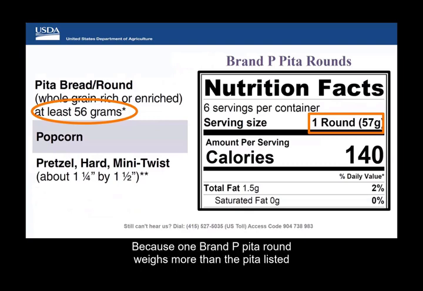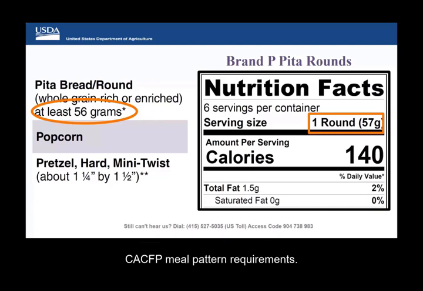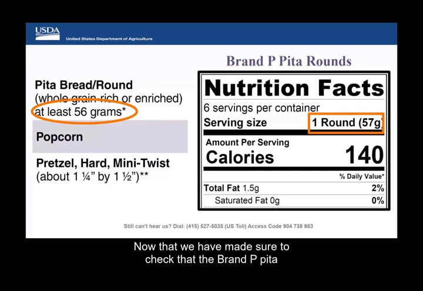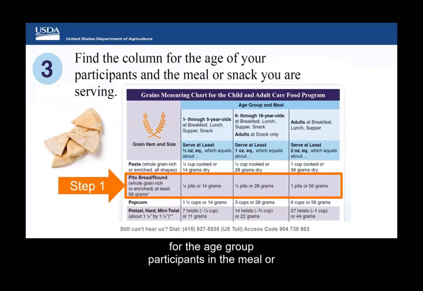Because 1 brand P pita round weighs more than the pita listed in the grains measuring chart, we know we can use the chart to tell us how many brand P pita rounds to serve to meet CACFP meal pattern requirements. So, now that we've checked that the brand P pita rounds weigh the same or more than the pita bread listed in the grains measuring chart, our last step is to find the column for the age group of participants in the meal or snack you are serving.